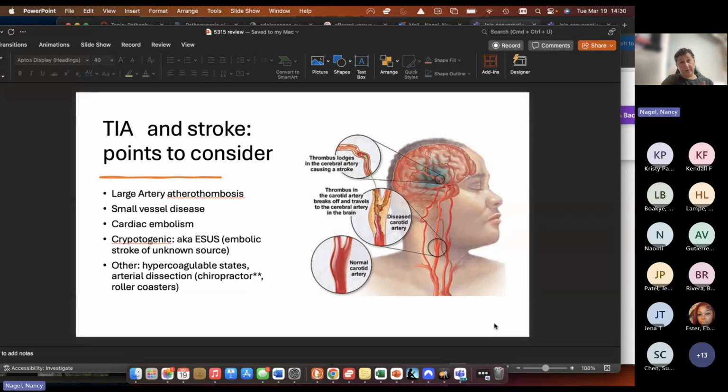So a lot of times when people come in with TIAs, one of the things that we do consider is looking at their carotids. Because if you think about the average American, especially since we tend to have an epidemic of obesity and we don't have the best of diets, we have a lot of atherosclerosis in our population. And so it doesn't just affect the heart, it's going to affect all vessels of the body.